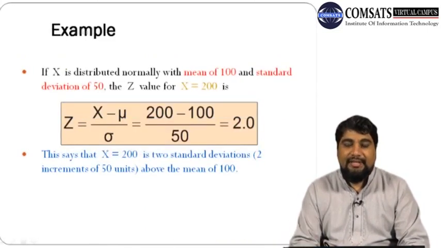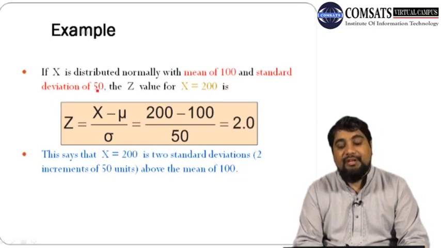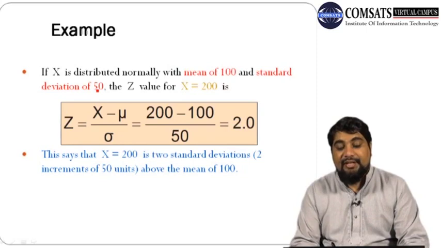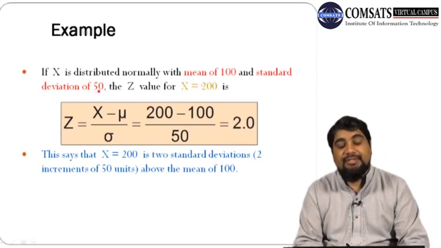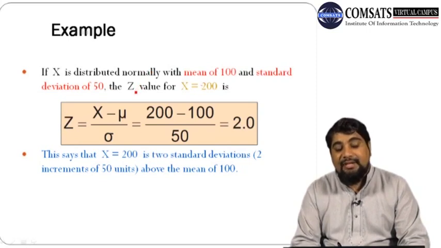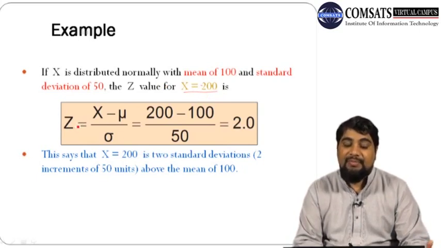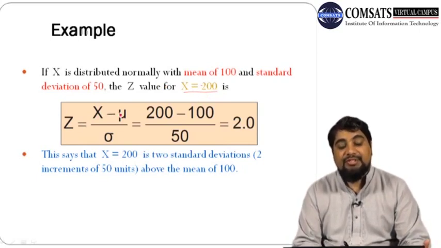Now let us consider an example to illustrate this standardization conversion. If x is a random variable which is distributed normally with a mean of 100 and a standard deviation of 50, then the z value for x equal to 200 can be calculated using this formula. z is equal to x minus mu over sigma.